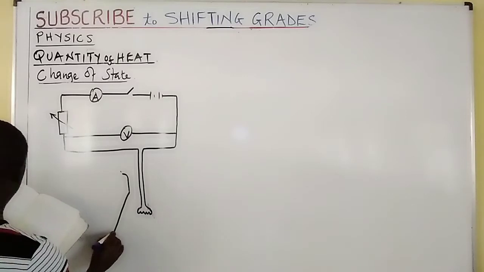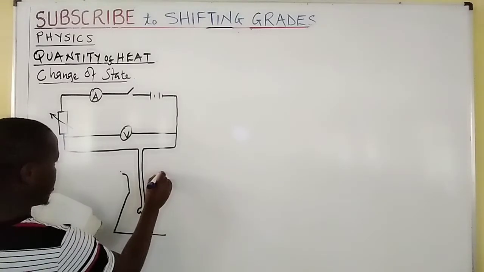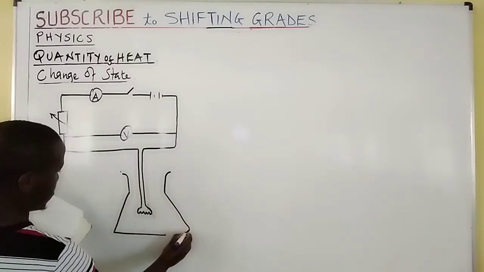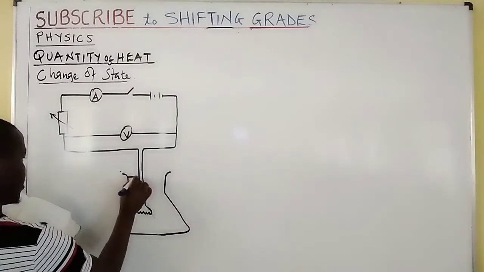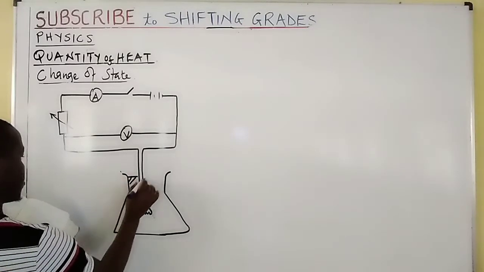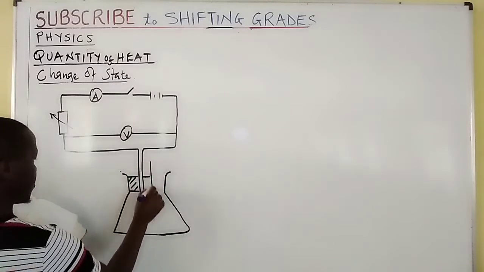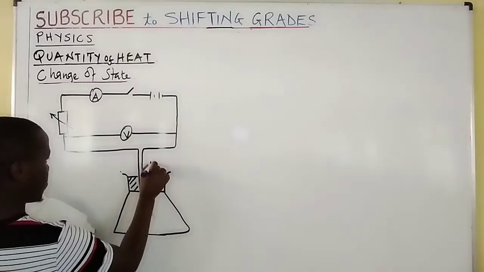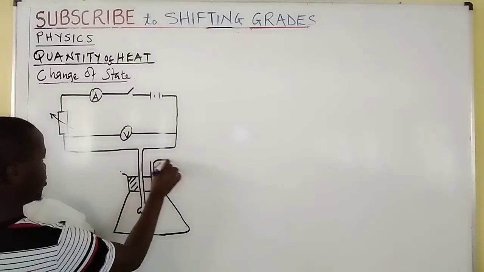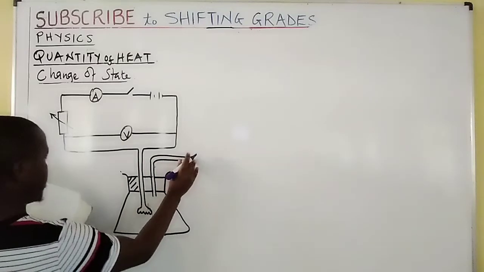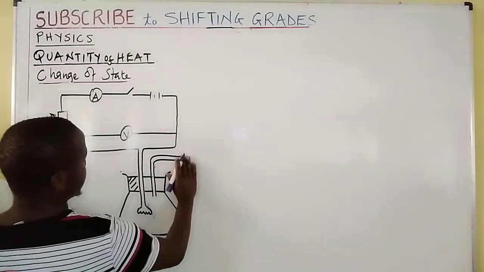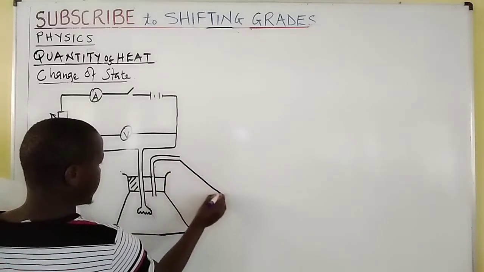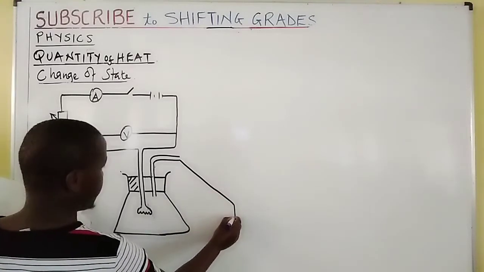So here now we have a conical flask containing water. Then we have a delivery tube, and along the delivery tube, which is not transferring steam, we have the delivery tube taking water into a beaker.